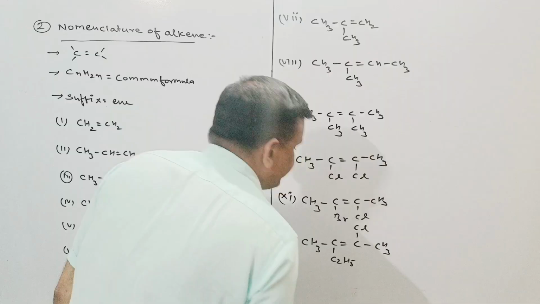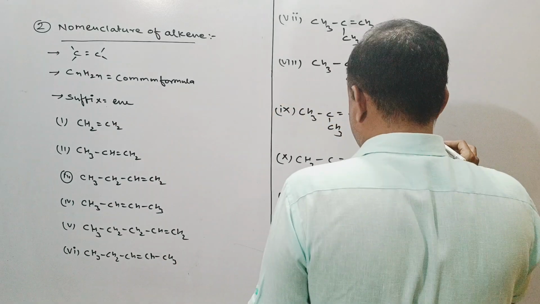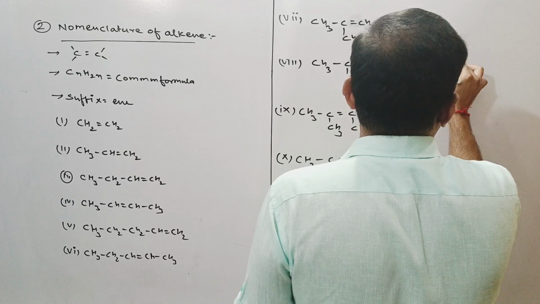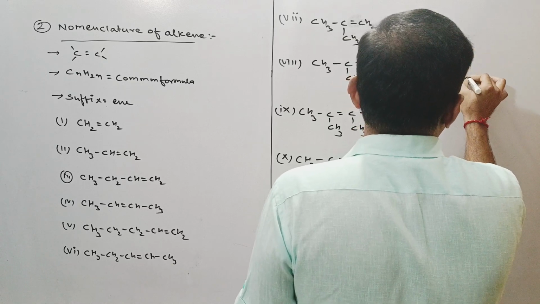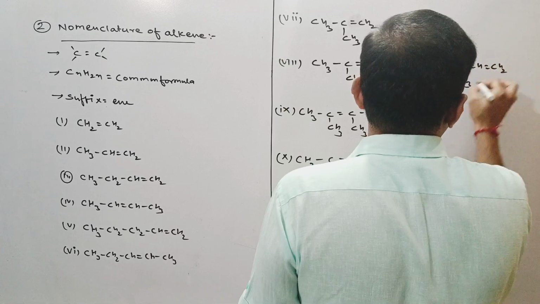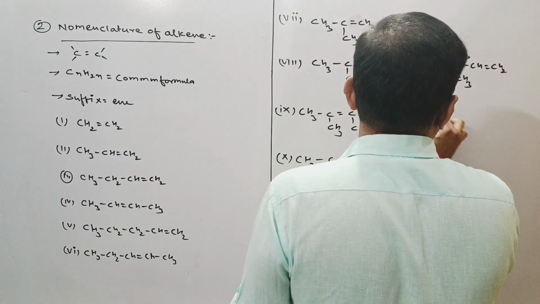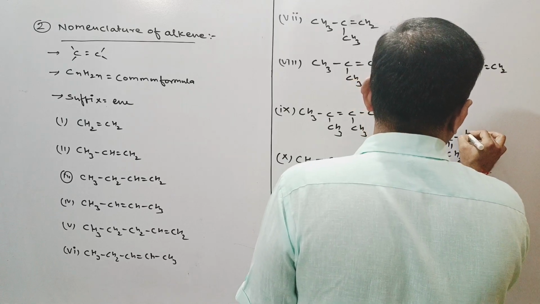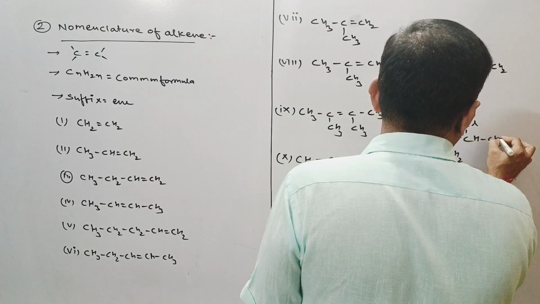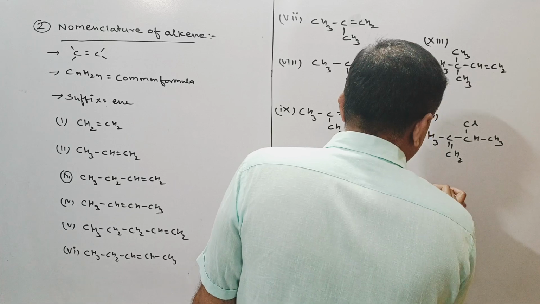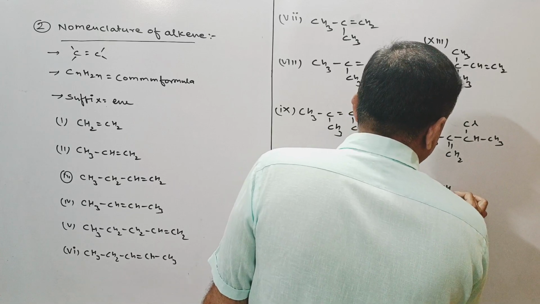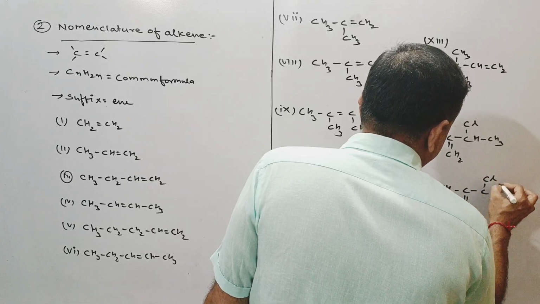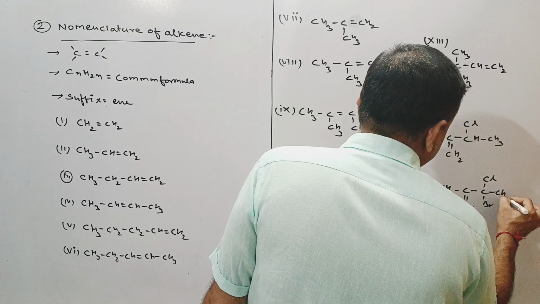This is the CH3, and if we go further, we can take the 13th condition: CH3, this is the CH3, CH double bond CH2. If we go with the 14th compound, we can take CH3-C double bond CH2, this is the C, Cl, this is your CH and CH3. This is the 15th compound: CH3-C double bond CH2, this is the CCl, this is the Br and this is the CH3.